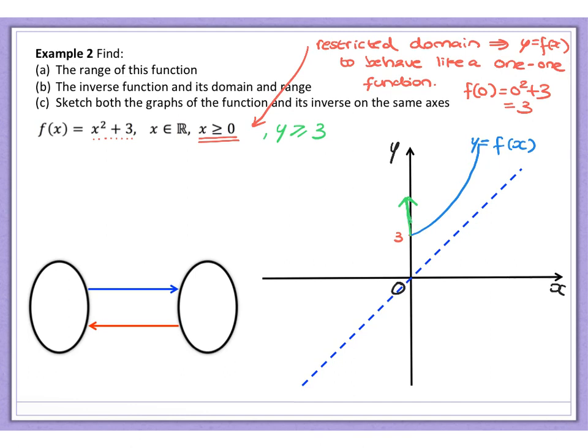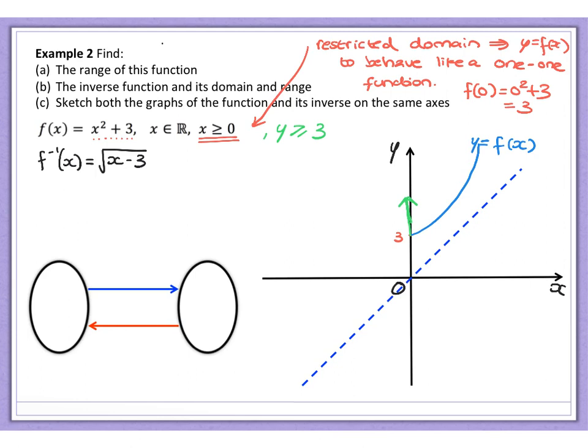Let's find the inverse function. Now it should make sense that if your original function is squaring and then adding 3, the inverse function has to involve the subtraction of 3 first of all, and then the square root.